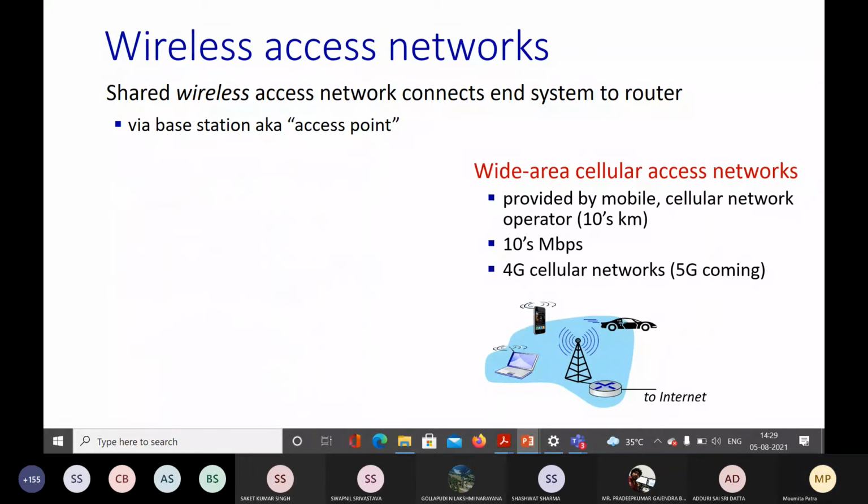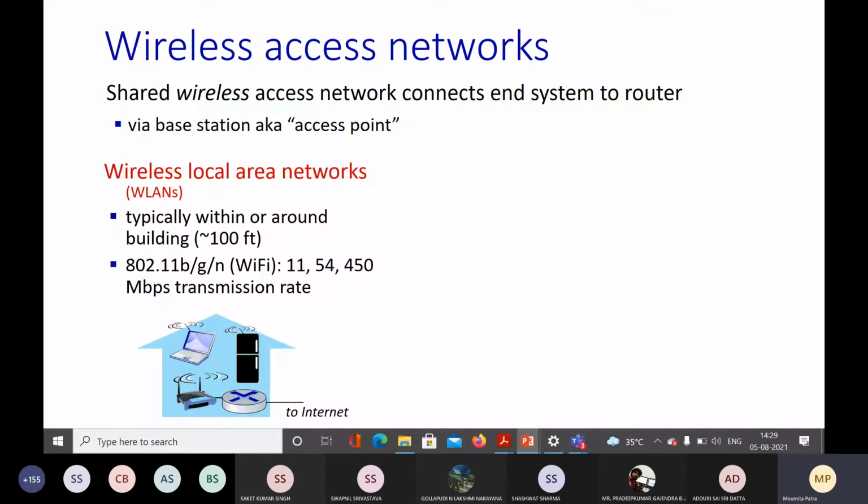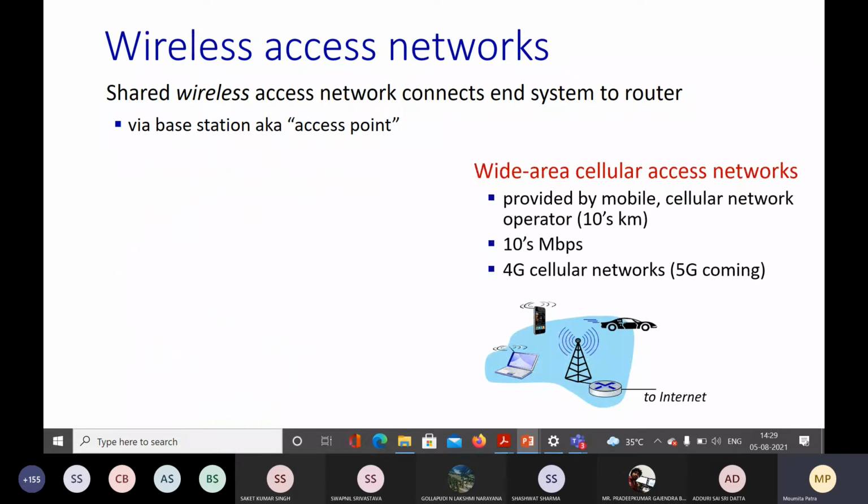Now, the one that we have studied right now is WLAN, that is for a smaller area. What we are going to look at now is for a very large area, like for cities, towns, villages, etc. That kind of communication is known as wide area cellular access network. Basically it is how your cellular network is being provided to you.